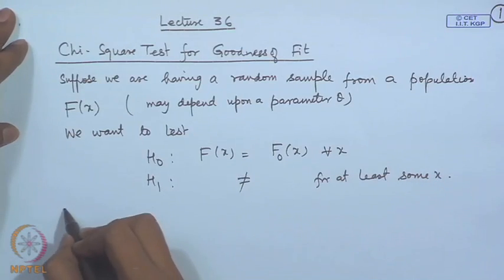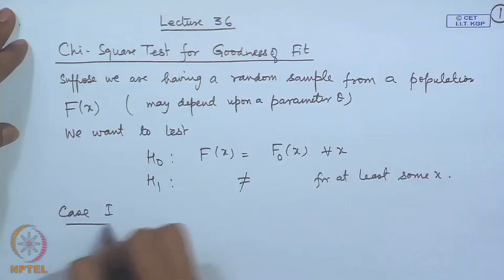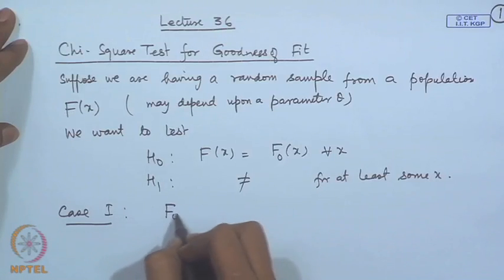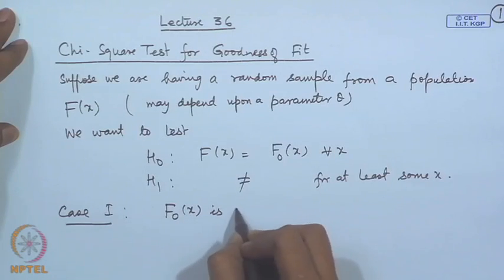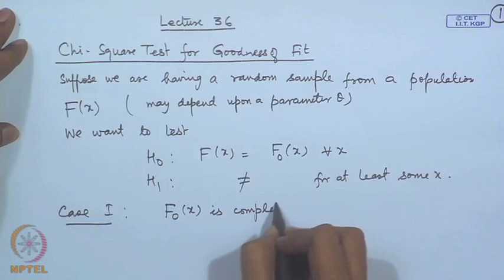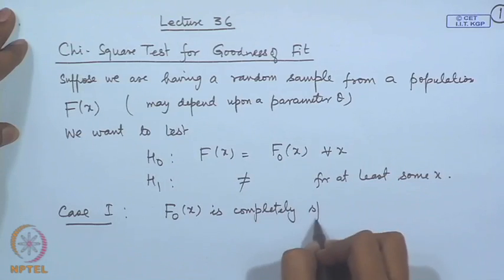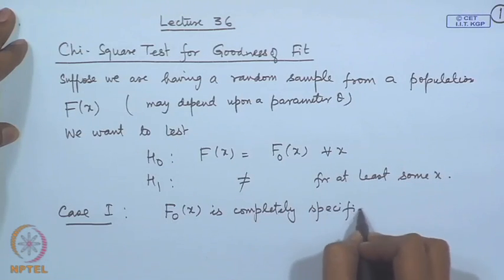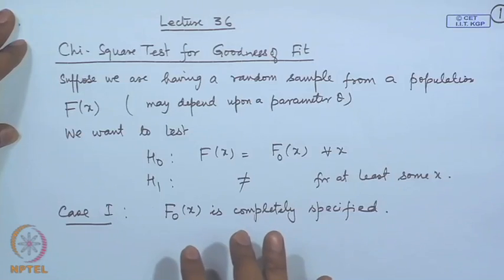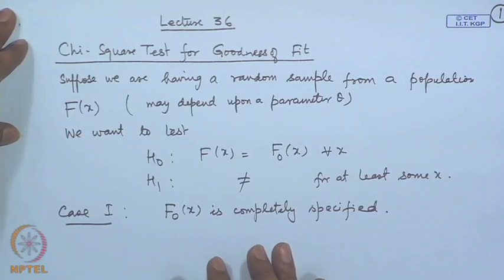Now, there can be two cases. I am considering case 1, f naught is completely specified. Now, we want to test whether the data x1, x2, ..., xn is actually from this distribution f naught.